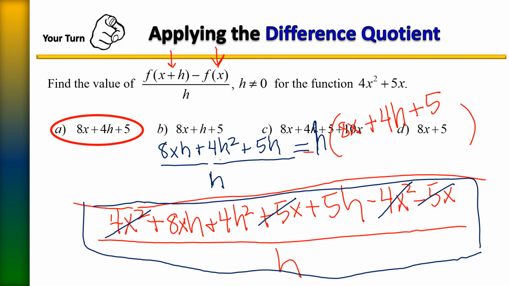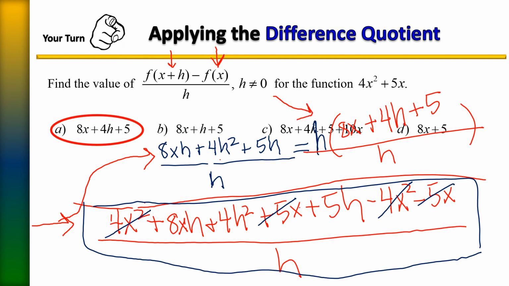And all of that over h. So all I did here was take this expression and rewrite it over here. Went from here, this is what it looks like, and then here we took out the GCF of h.